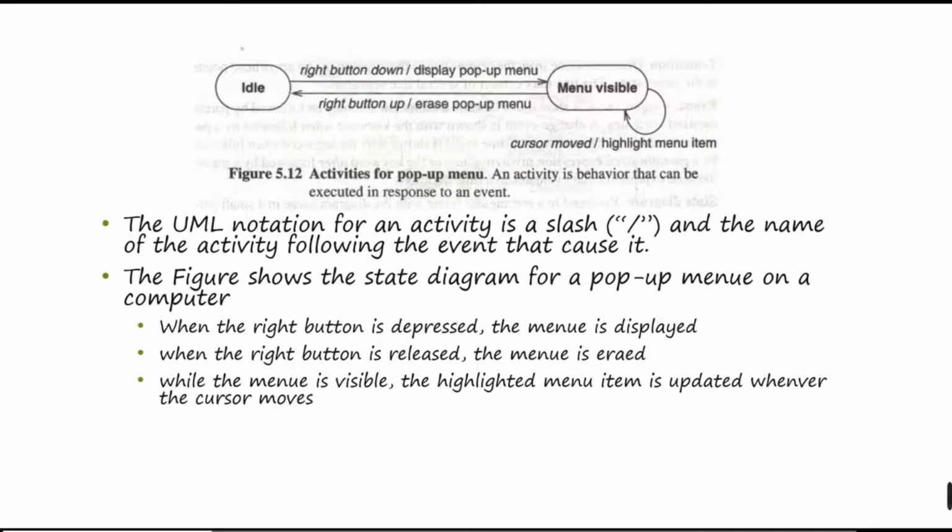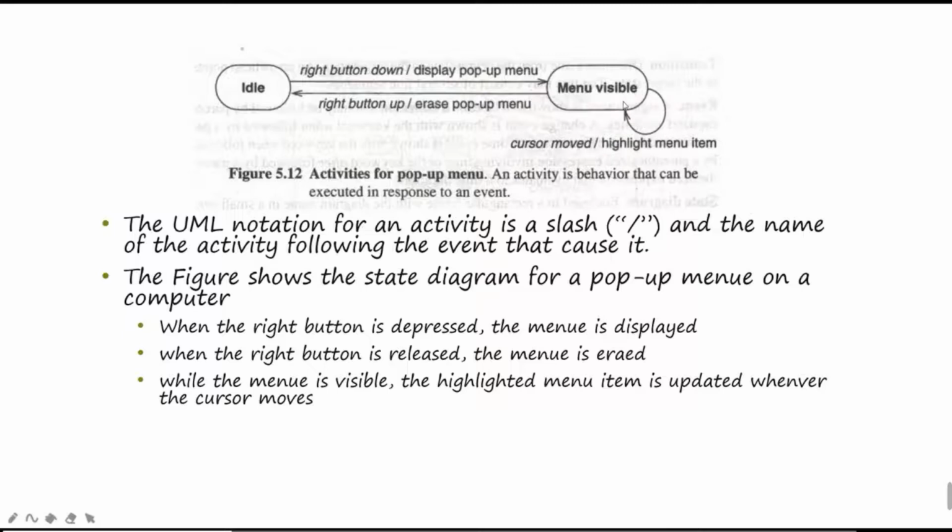There could be activity not only for this kind of event on the transitions between different states. It can also be in response to the event within the state. For example, for this one, this is a kind of self transition. It means cursor move.